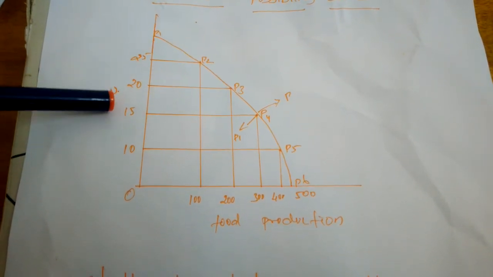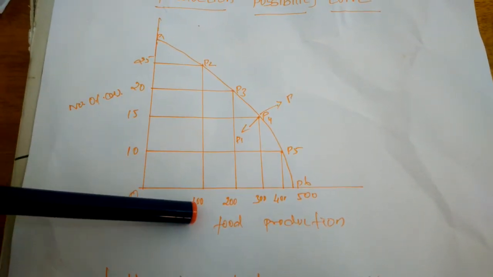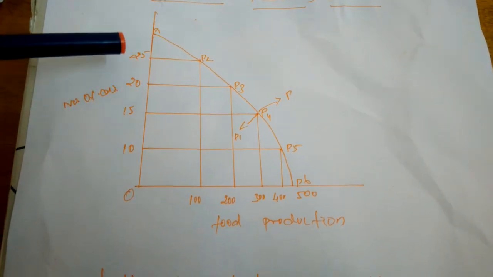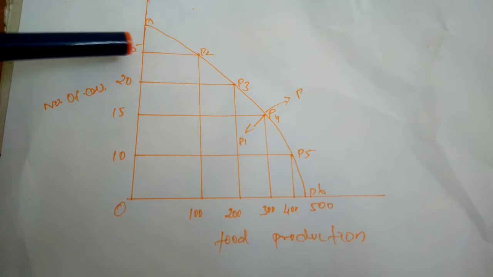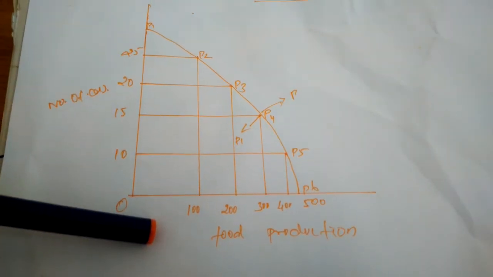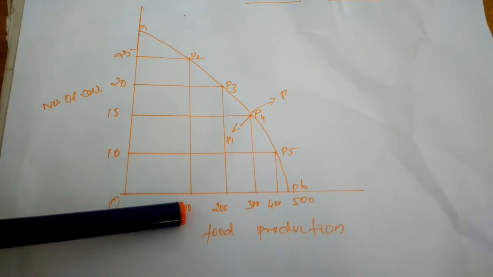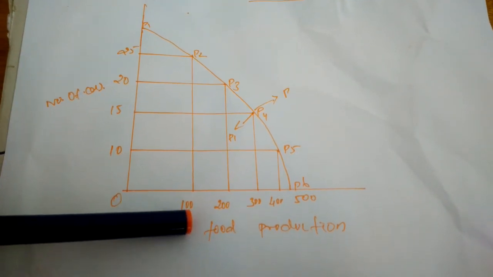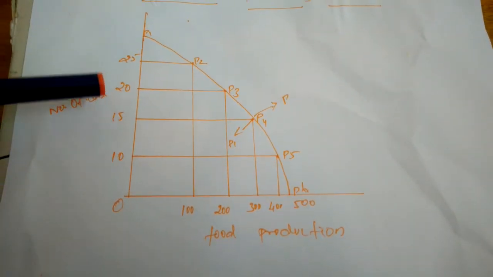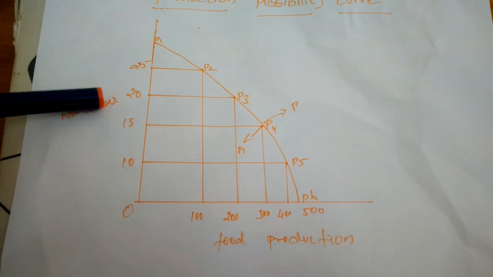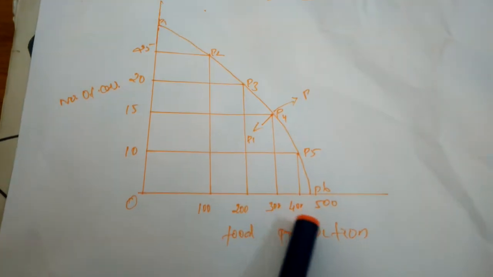Otherwise, if it wants food production, it must reduce car production from 25 to 20, and using the remaining resources it can produce 100 units of food.